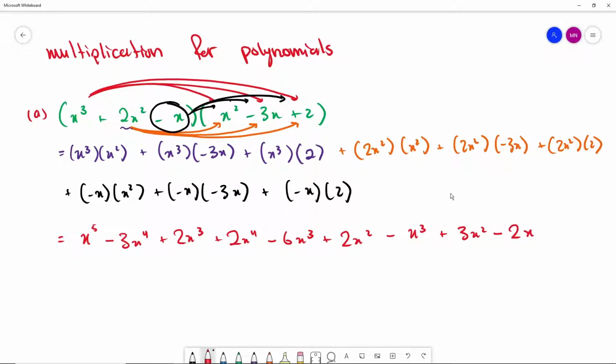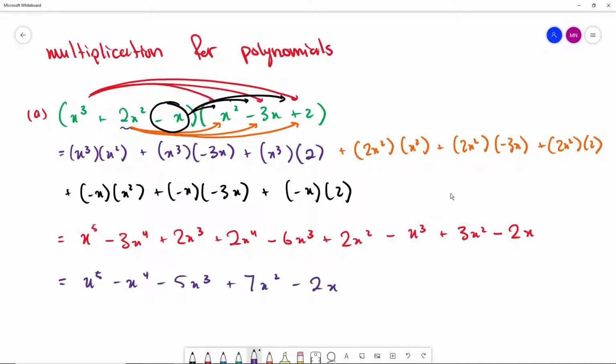After the multiplication, we do addition and subtraction for the same degree of x. There's only one x to the power of 5. Then we have negative x to the power of 4 minus 5x cubed plus 7x squared minus 2x. That is the multiplication for polynomials.